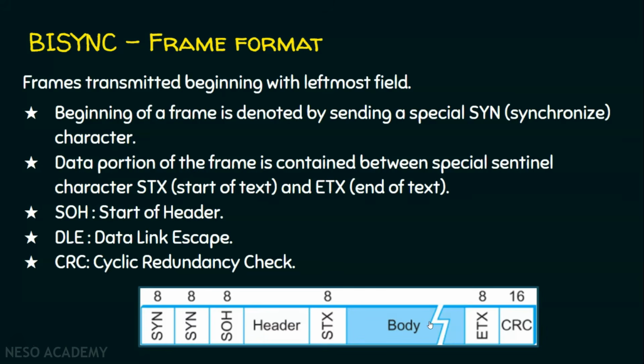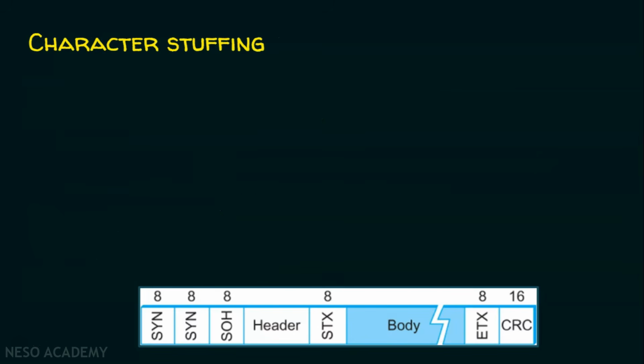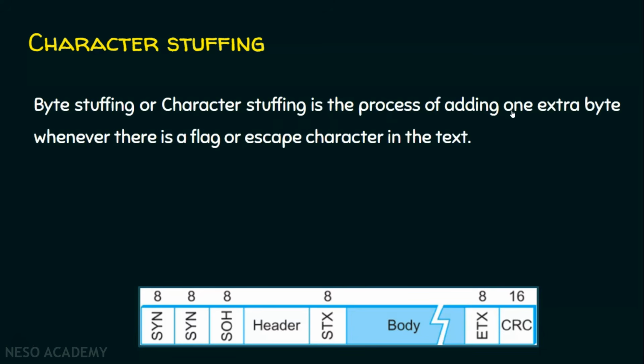In bit-oriented protocols, we talked about bit stuffing. Since it is a character-oriented approach, we will be talking about character stuffing or byte stuffing. Character stuffing is the process of adding one extra byte. Here we are not going to add one extra bit, whereas here we are going to add one extra byte whenever there is a flag or escape character in the text. We will call this the flag character.